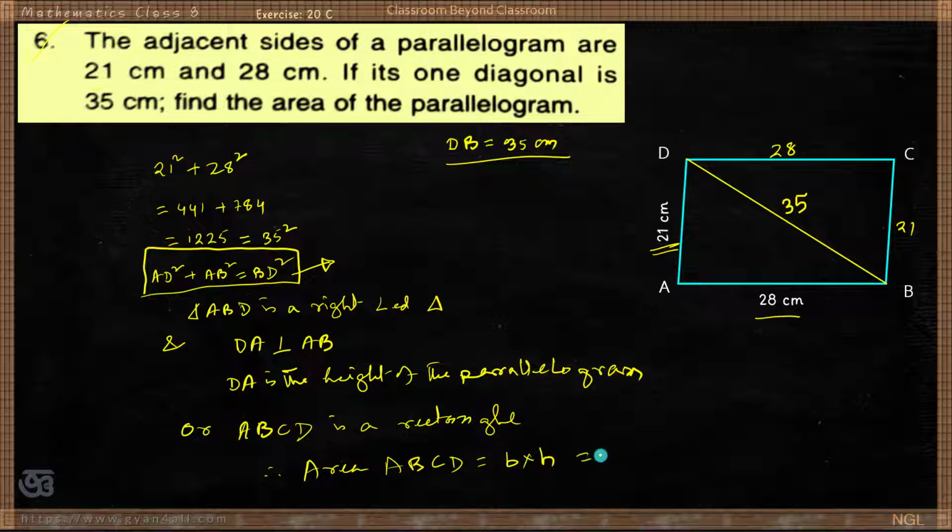So if base is equal to 28, then the adjacent side is the height of the parallelogram, that is equal to 21, and this is centimeter square, and this will be equal to 588 centimeter square. Area of the parallelogram ABCD. In fact, this parallelogram is a rectangle.